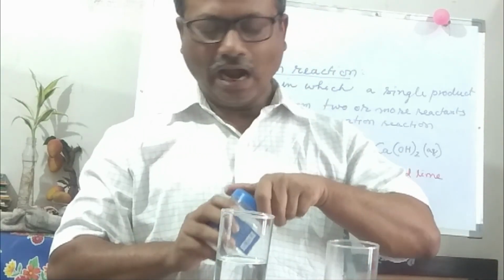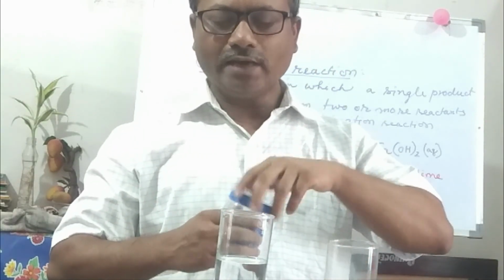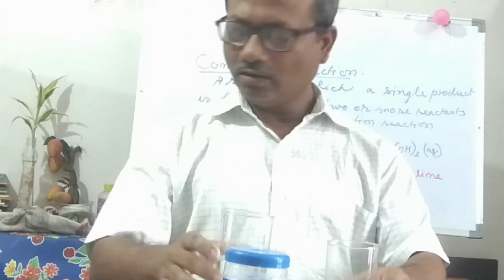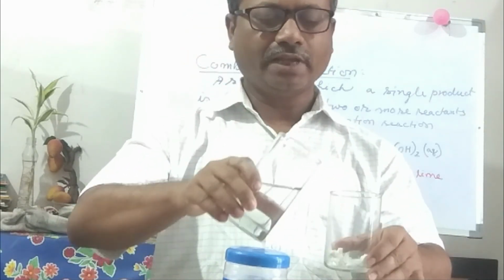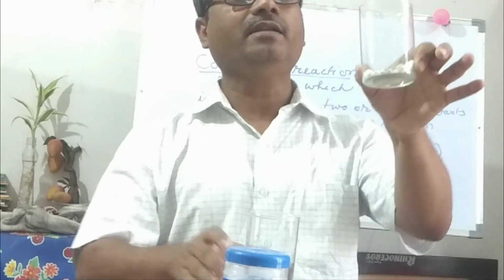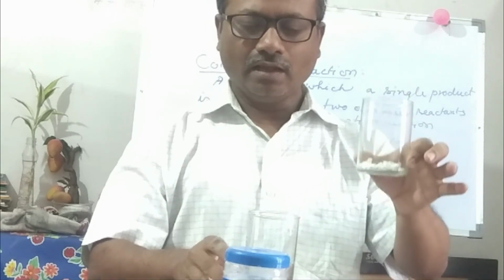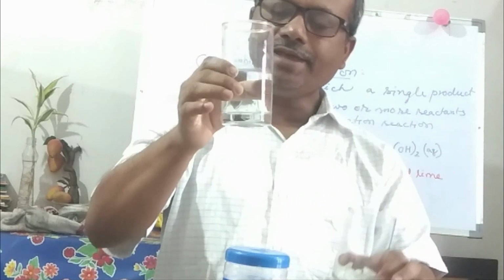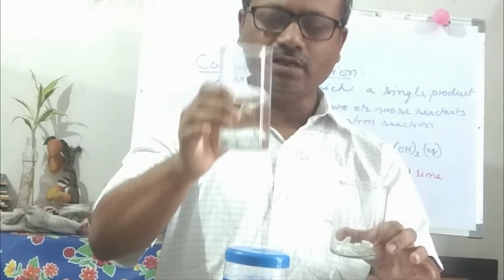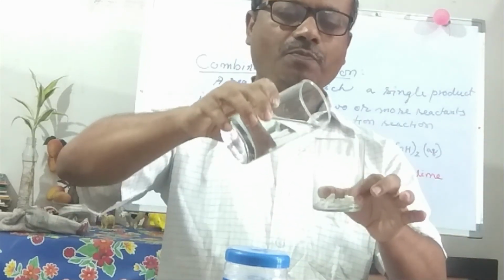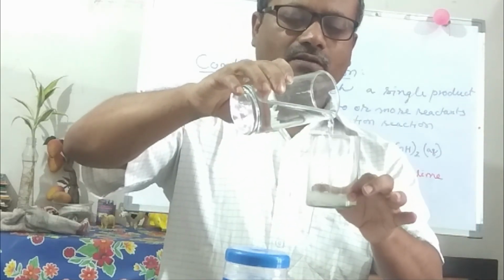Now I will pour water, normal water, onto the quicklime, calcium oxide. This is nothing but calcium oxide, CaO. Now water, H2O. This is liquid, this is solid. So I will pour water into it.